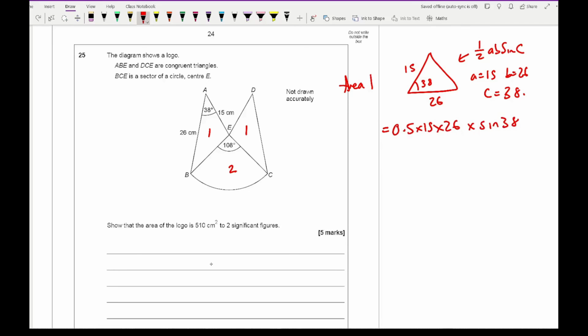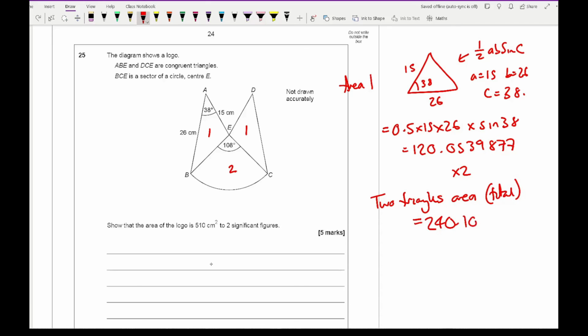I type that into my calculator and get an answer of 120.0539877. If I multiply that by 2, because I've got 2 of them, the total area of the 2 triangles is going to be equal to 240.10774.